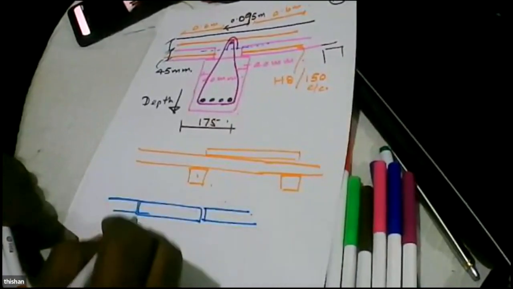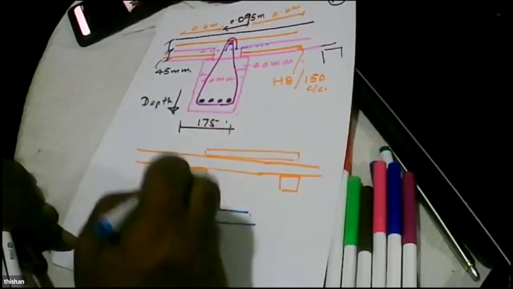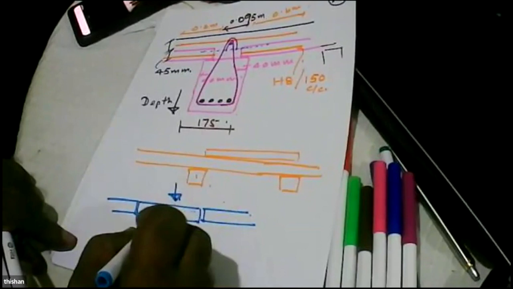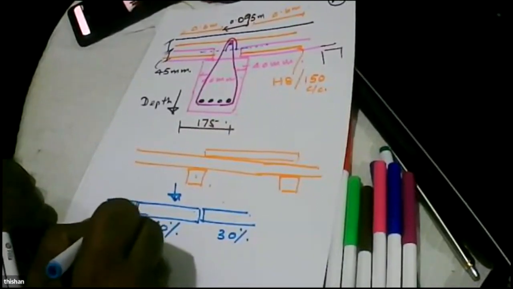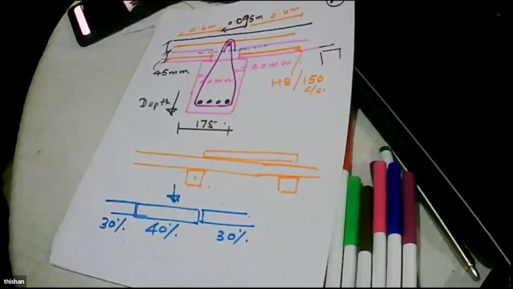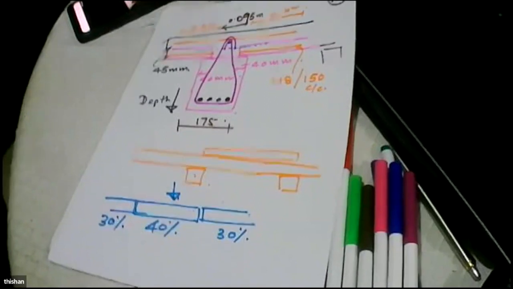But when you are designing the slab, the requirement is, if you apply a concentrated load here, 40% will be carried by this, 30% by this. That is how it goes. Okay, Bandhuka?